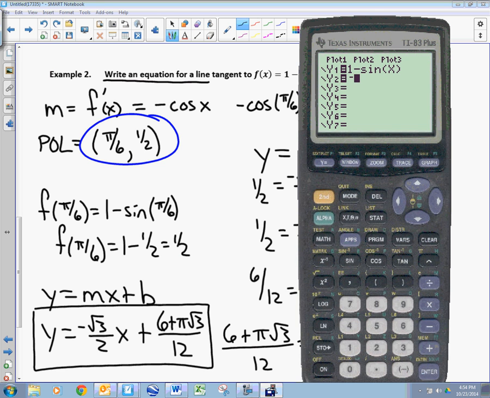So we have negative root of 3 divided by 2 times x plus, I'm going to need to put some of this in parentheses here, 6 plus pi roots of 3 in my parentheses, divide that by 12.